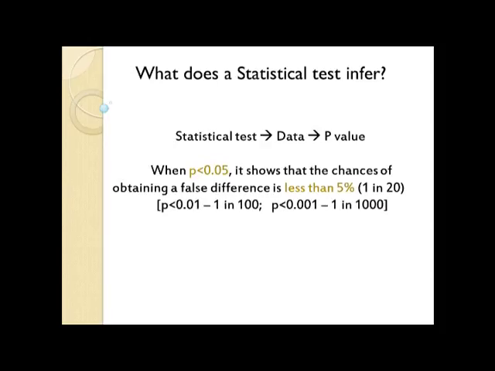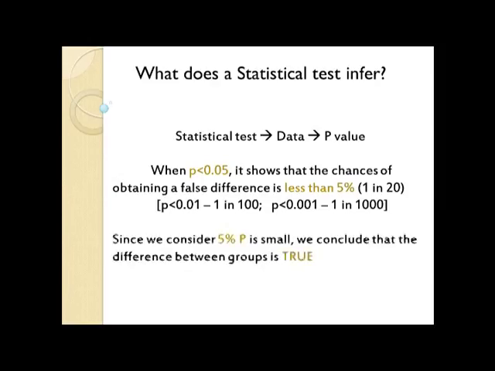Just to revise that, when your p-value is less than 0.05, in case you have set your alpha or critical value to 0.05, it shows that the chances of obtaining a false difference is very low, which is less than 5% or 1 in 20. Okay. So as you go on reducing your p-value, the chances become 1 in 100 or 1 in 1000 and so on. So that's the inference which we draw from statistical tests.